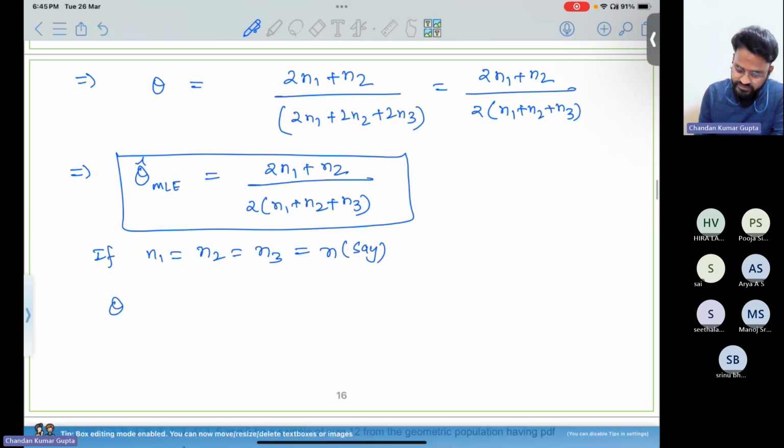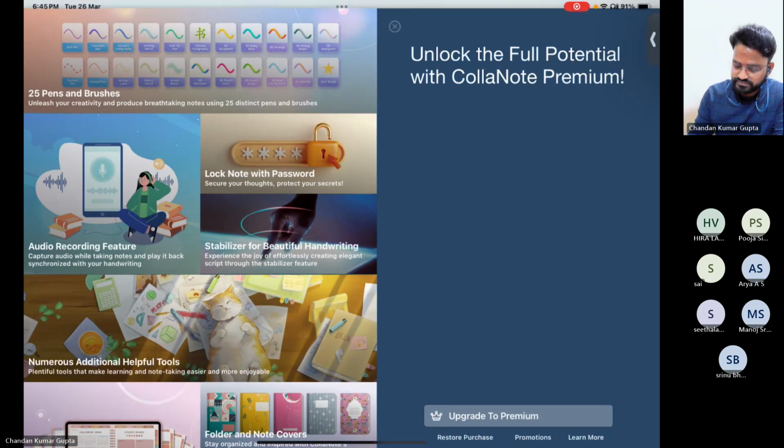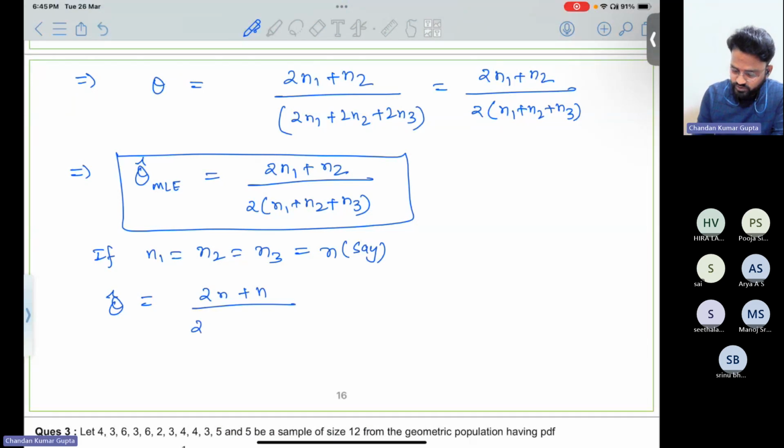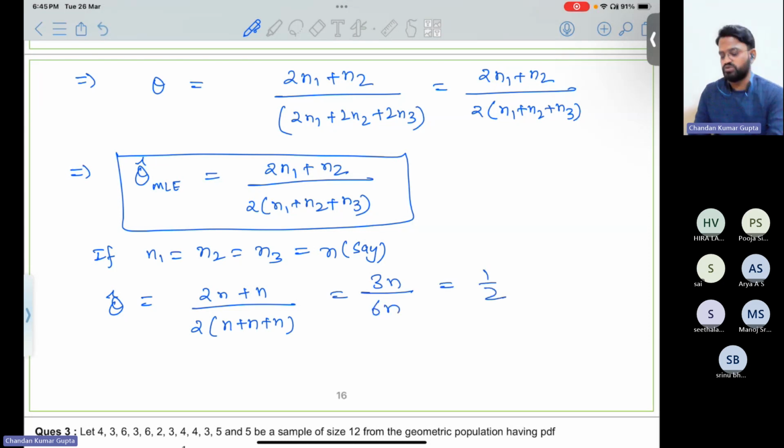In that case, theta cap will be equal to (2n plus n) upon twice of (n plus n plus n). This implies 3n upon 6n, which implies 1 by 2. In that case, our MLE will be 1 by 2. If we are given different values of n1, n2, and n3, we will put those values here and find the MLE of theta at that condition.